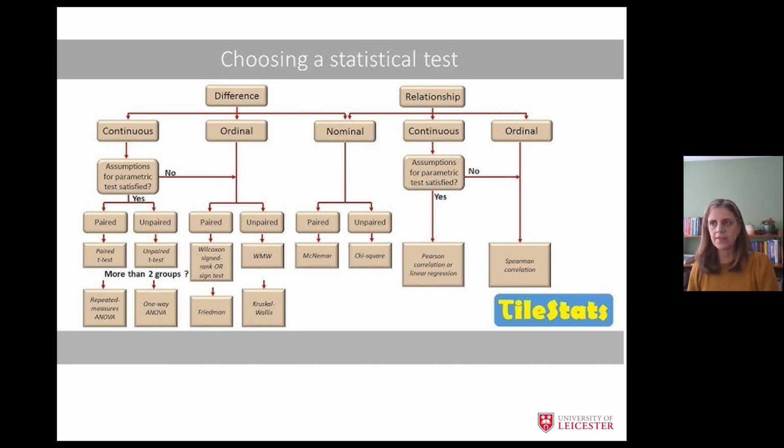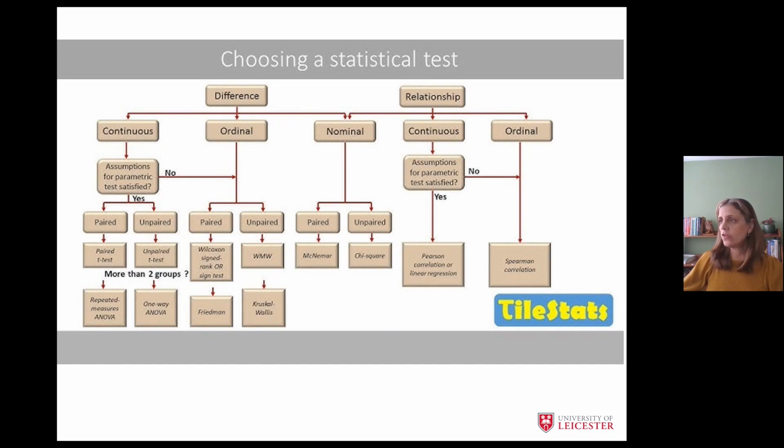There's quite a few different ones on the internet, which is a flow chart that leads you through a number of different criteria and helps you decide which test you need to do. And each of these tests, when carried out, is going to give you a p-value that you can then interpret and see if there's a statistically significant difference between your groups or some association.